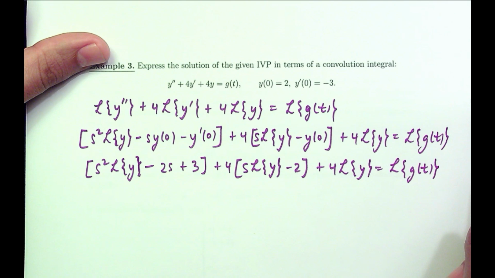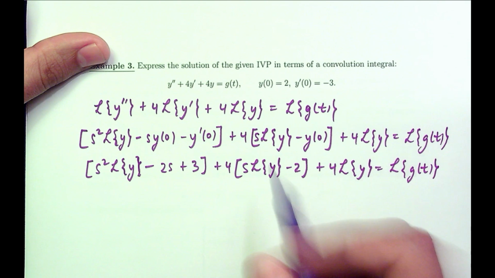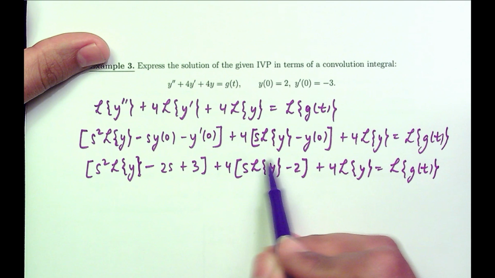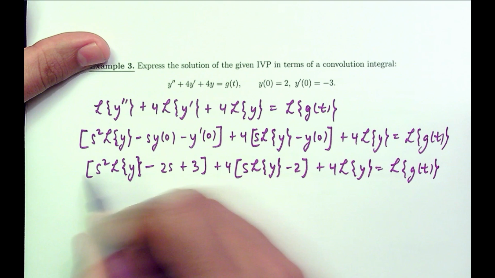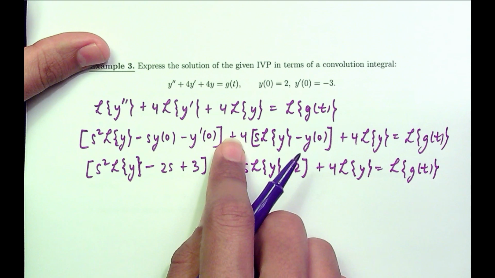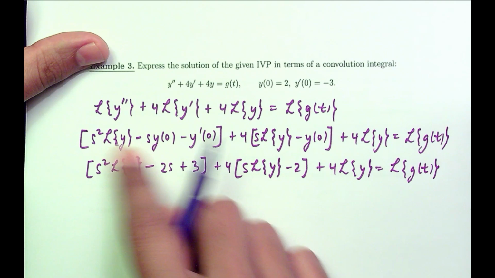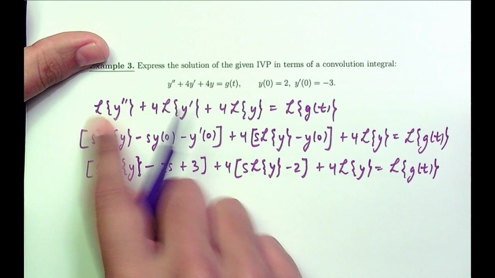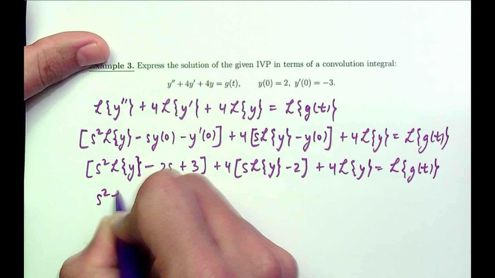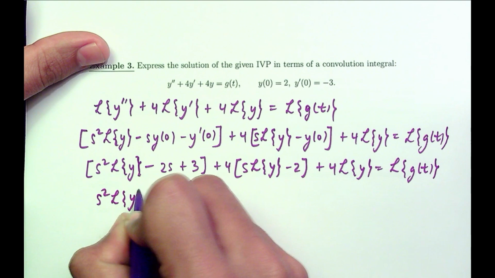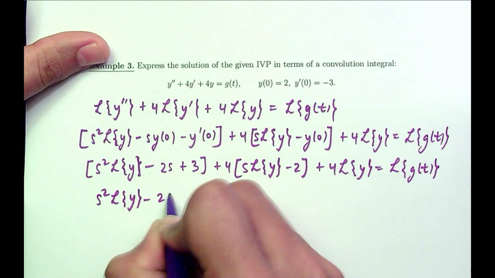Now we have to distribute this 4. I don't need these brackets anymore. I only put the brackets to distinguish that the whole thing inside was the Laplace transform of y prime. So I'm going to write s squared Laplace transform of y minus 2s plus 3.